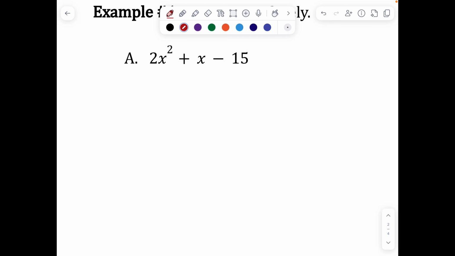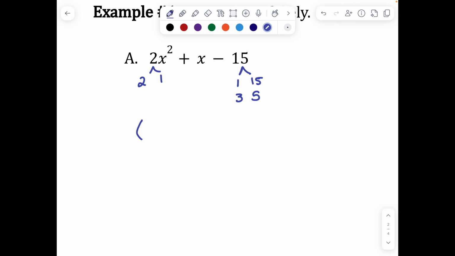We have 2x squared plus x minus 15 for our first example, and we want to factor this completely. So looking at this, I know that the only thing that multiplies to 2 is 2 times 1. And I know my factors of 15 are 1 times 15, 3 times 5.